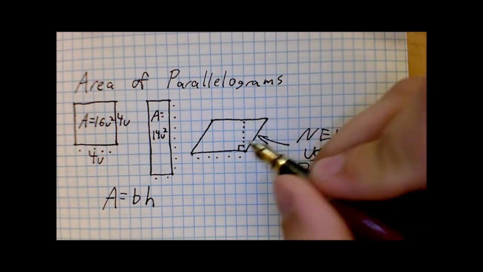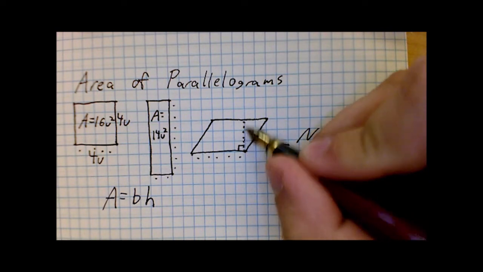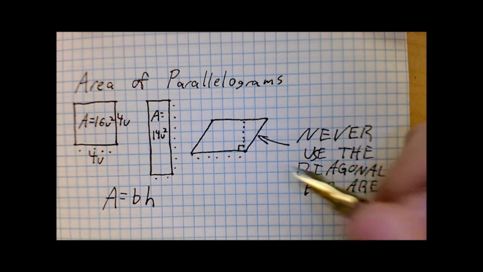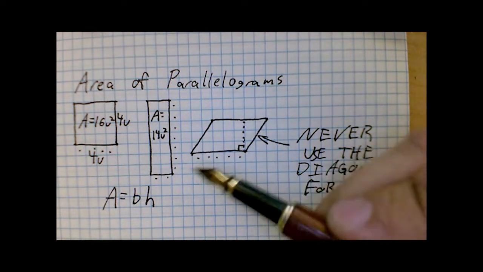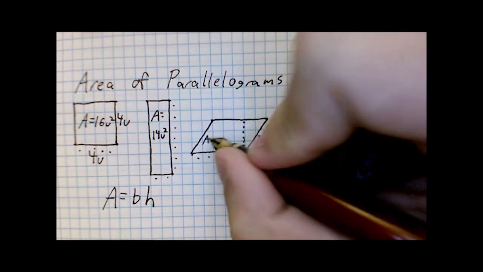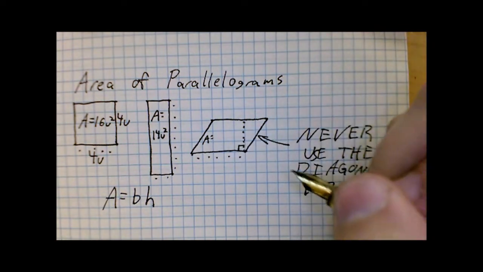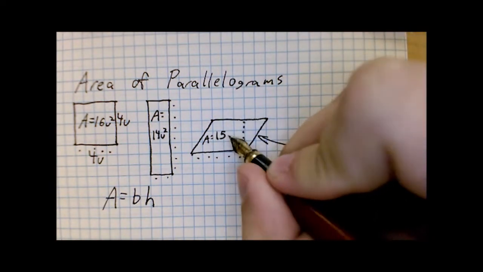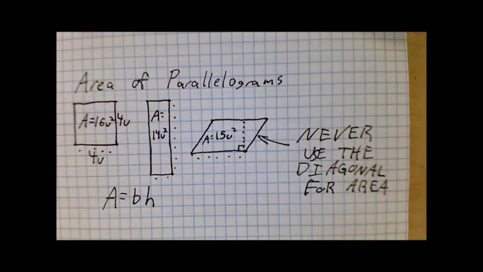And a height, which is going to be 1, 2, 3 units. So, once we have the base of 5 and the height of 3, we will know that the area is whatever 5 times 3 is, which is going to be 15 units squared.